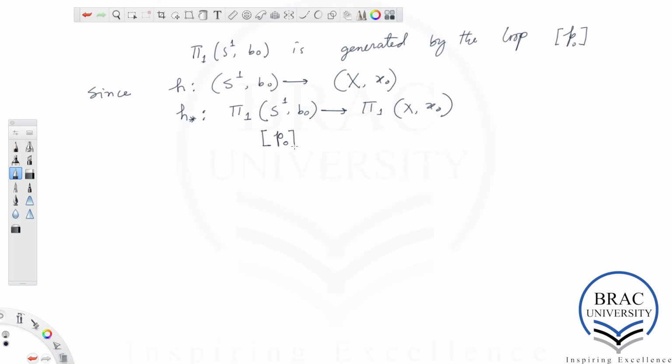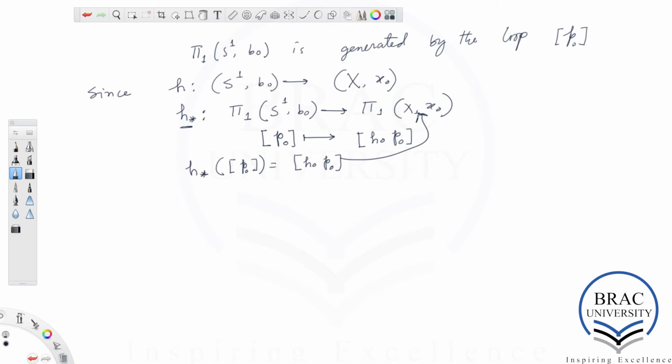If I choose a loop from here, that is going to map to H composed with P0, right? Under this induced homomorphism. Okay. So in other words, H star of this class is going to give you this class here in this fundamental group.